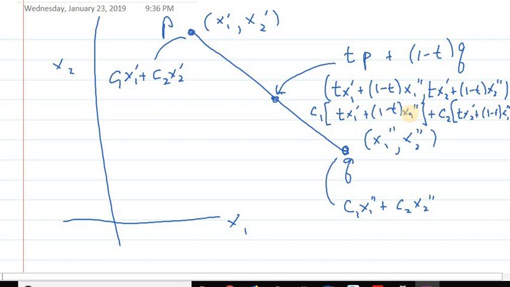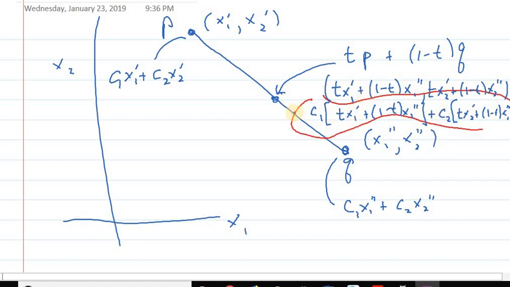Now if I simplify this expression, I can factor out the terms with a T, and I can factor out the terms with a 1 minus T separately.